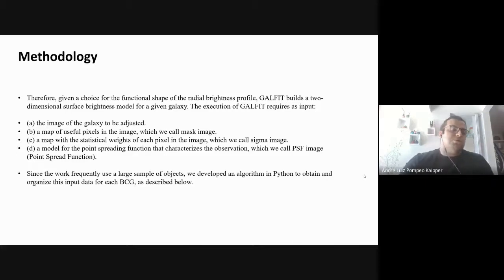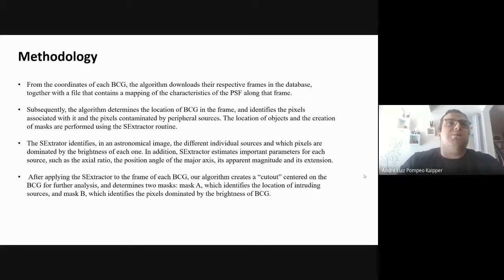So this work uses a large sample of objects. So I developed an algorithm in Python to obtain and organize this input data for each BCG. The algorithm finds the coordinates of each BCG in a database.